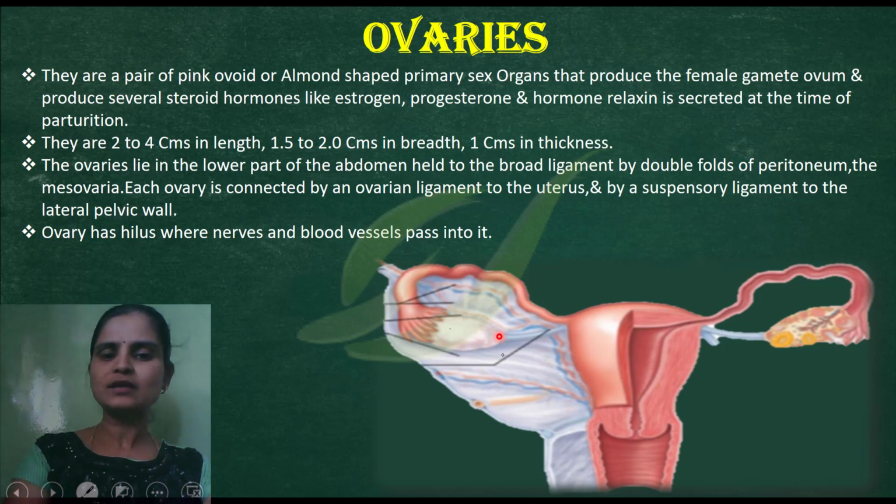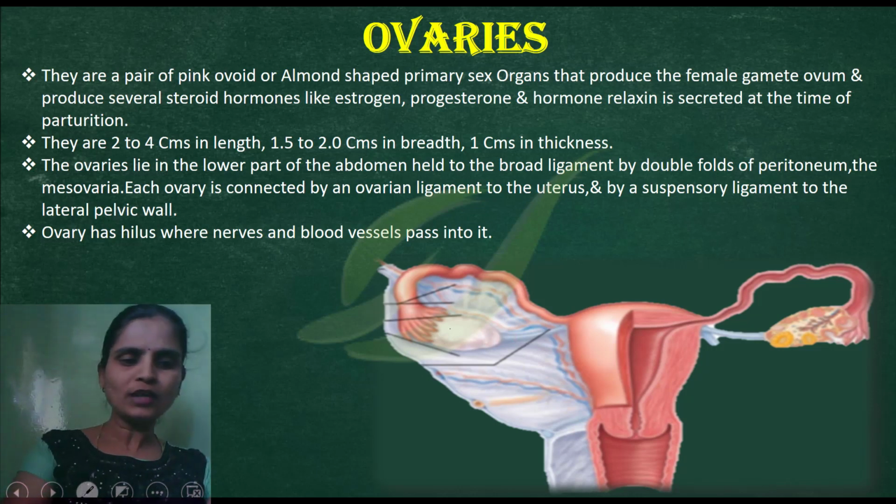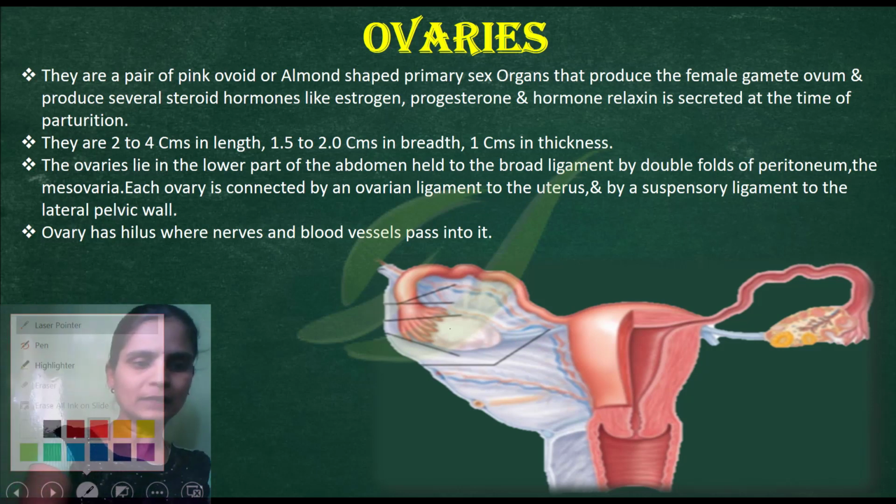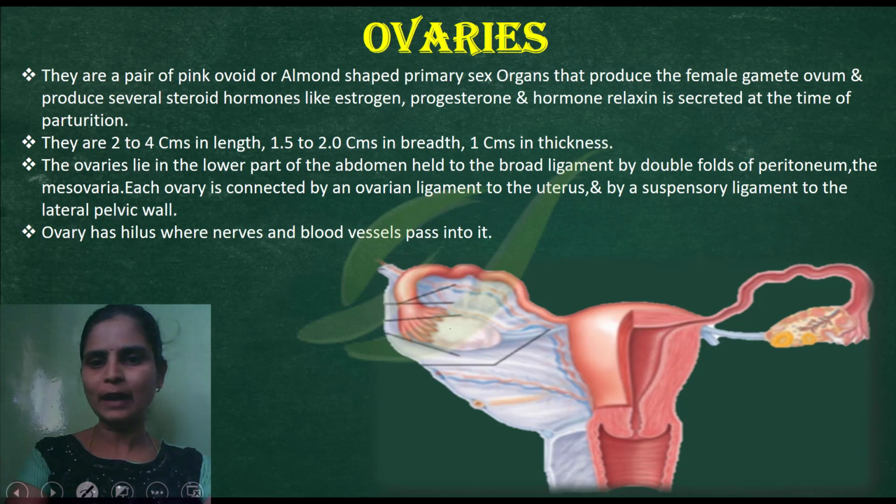The ovaries lie in the lower part of the abdomen. The ovaries are held by three ligaments, which hold the ovary in position.